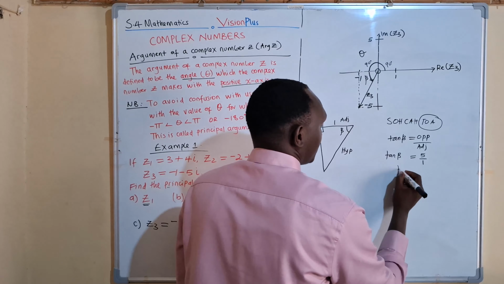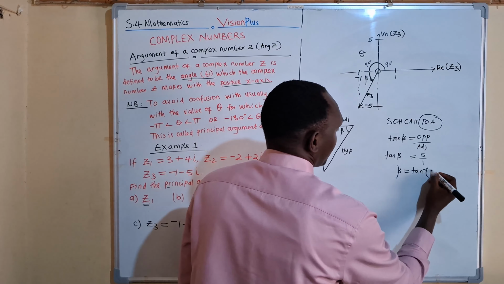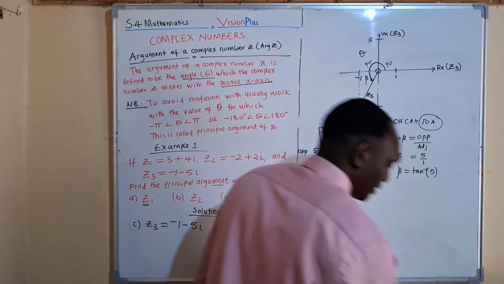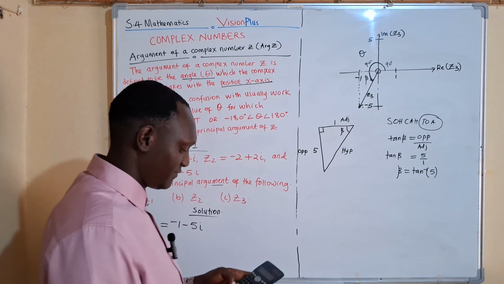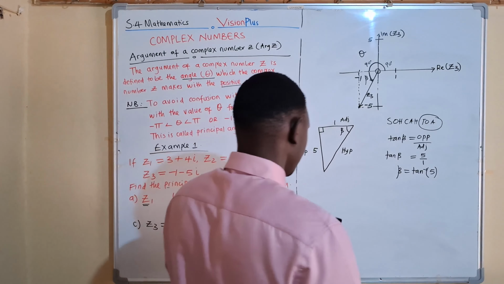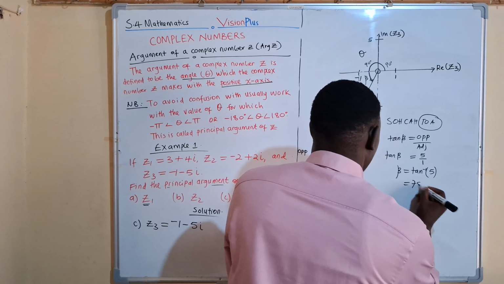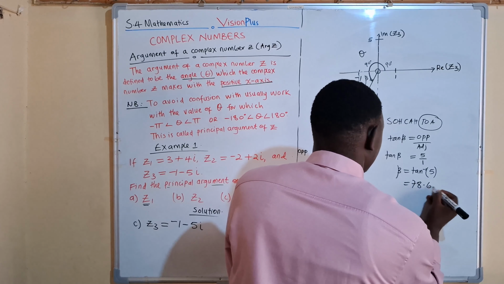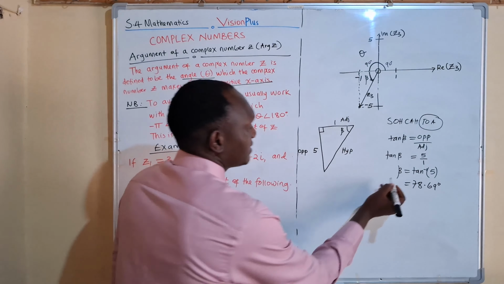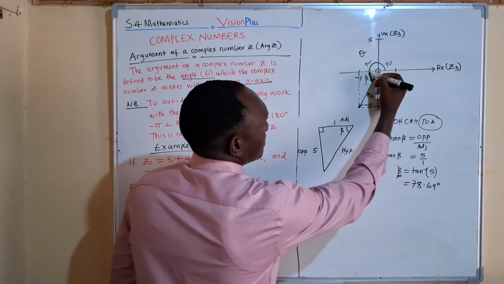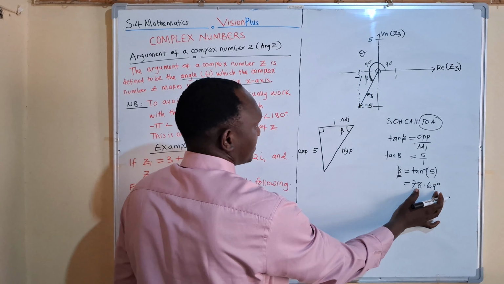So for us to get beta now, it becomes the tan inverse of 5 divided by 1, which is 5. Tan inverse of 5 is 78.69 degrees. Now you have seen that this angle beta alone, which is this small section here, is 78.69 degrees.